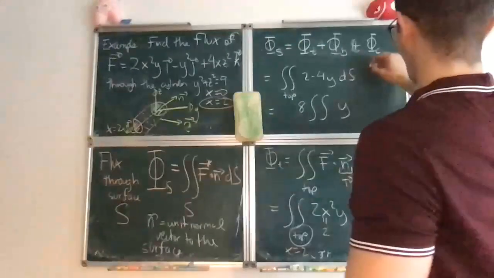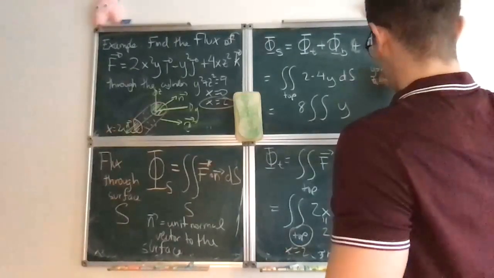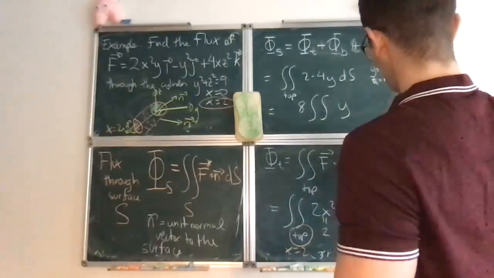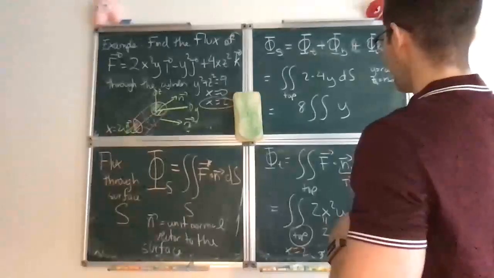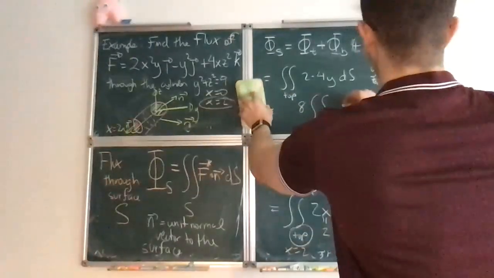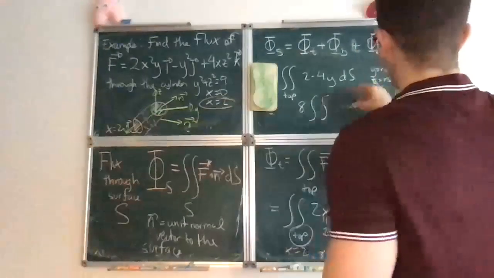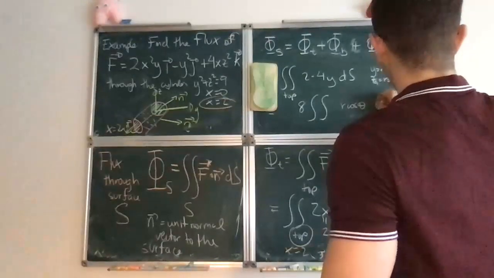So y is like r cosine of theta, and z equals r sine of theta. And the s is really the a in this case. So you're doing y, which is replaced with r cosine of theta, and then ds becomes r dr d theta.